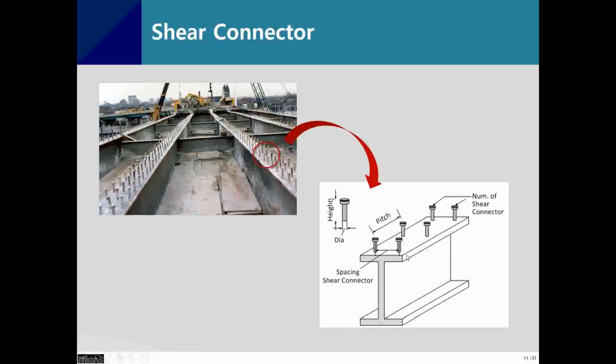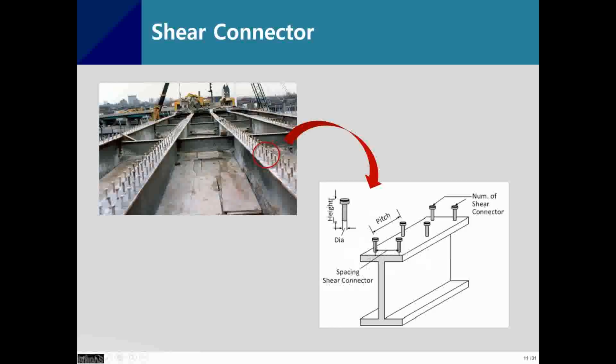As you can see on here, the pitch is just the spacing between the shear connectors along the longitudinal direction, and you can tell the program how many shear connectors you are going to use in a row. And you can also tell the program the spacing between the shear connectors in the transverse direction.